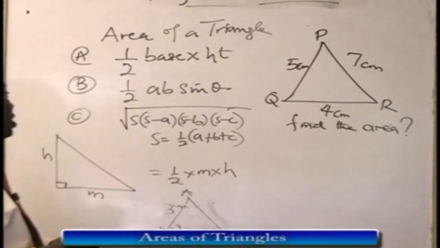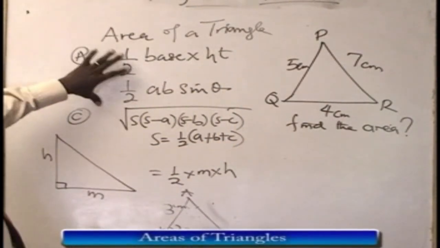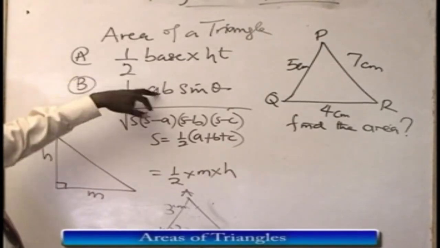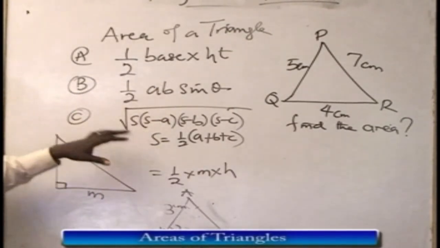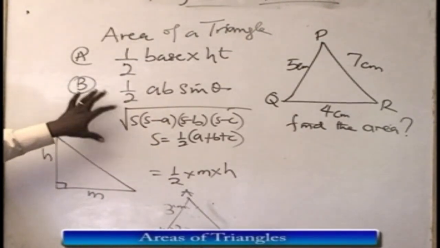Again, if you look at the first two formulas, I'm sure you should be familiar with these two by now. But this one is one I'm not too sure if you've seen before.